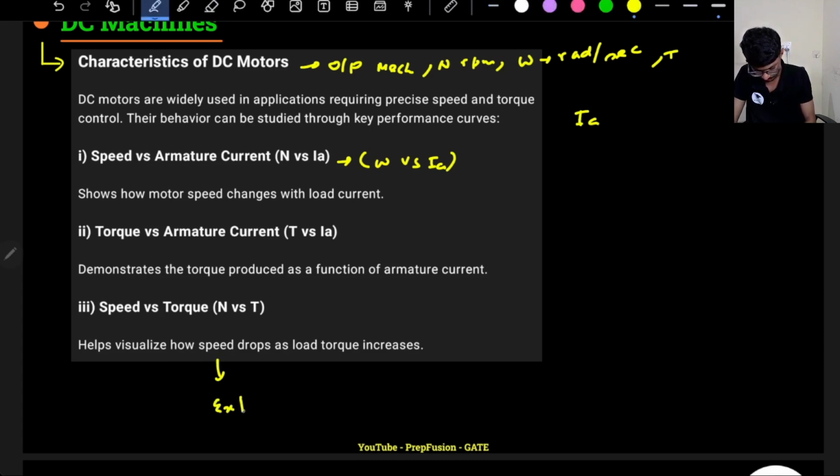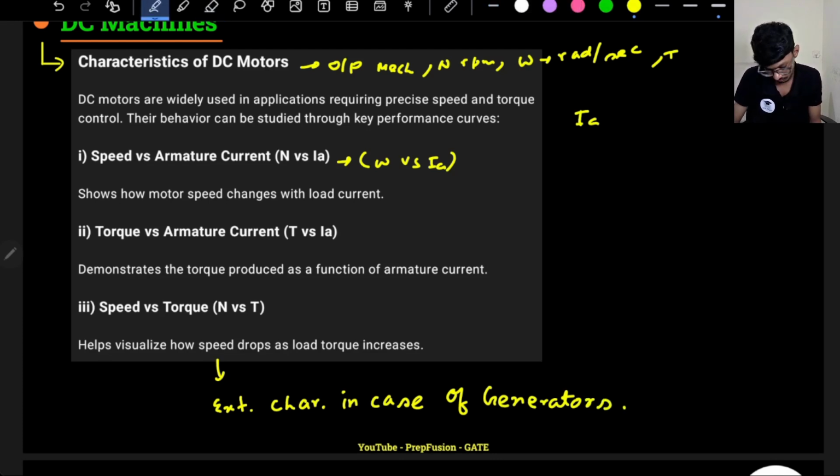Basically, speed versus torque, or we can write omega versus torque.